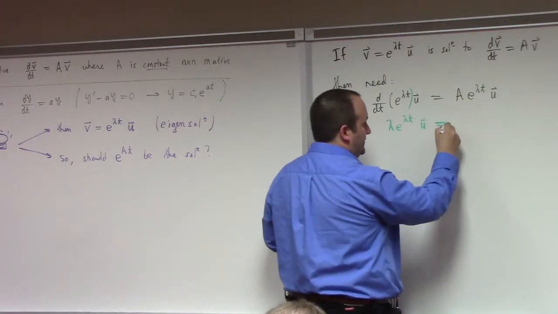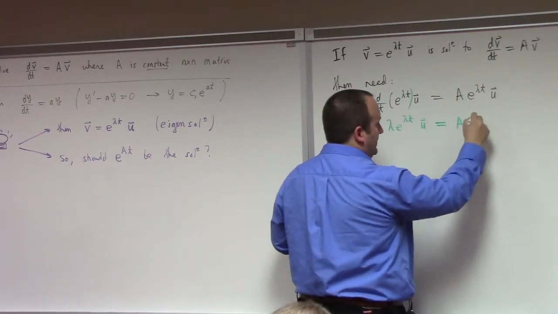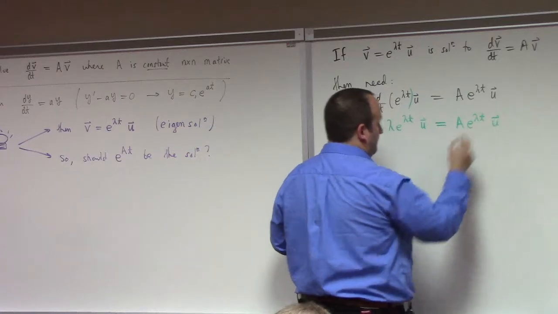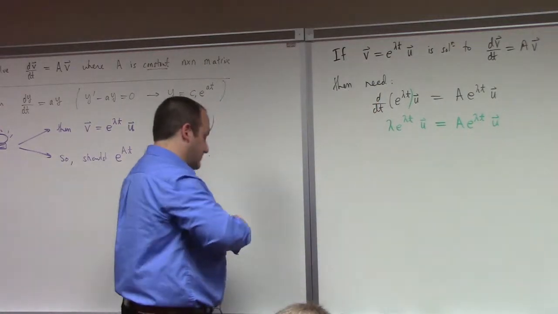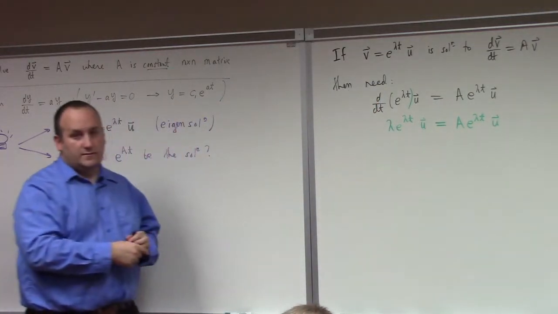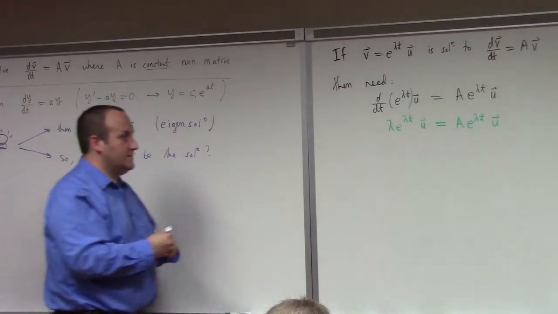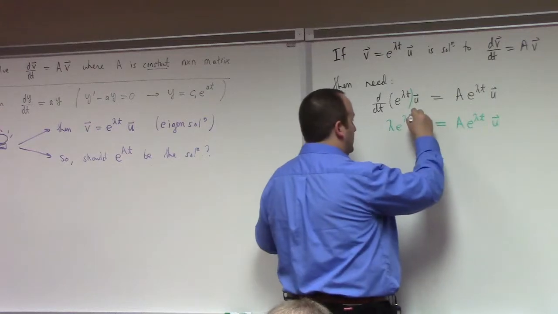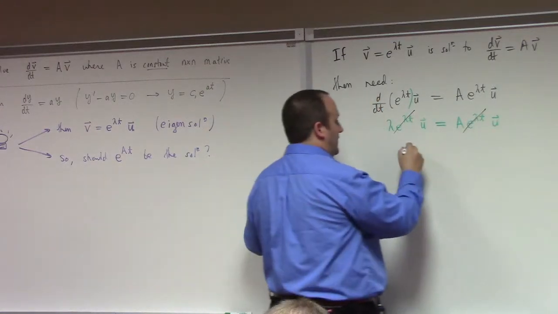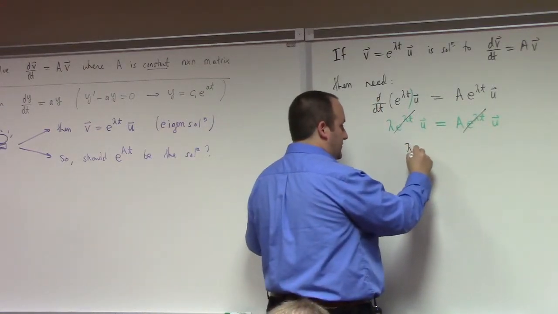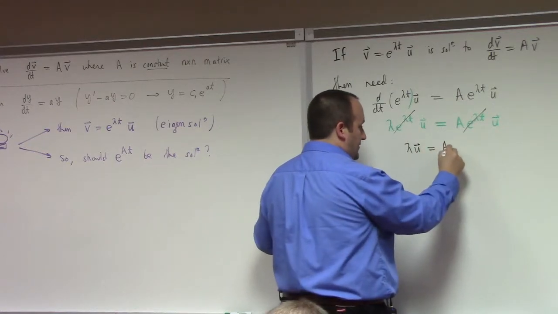On the other side, we still have A e to the lambda t times u. Now, e to the lambda t is on both sides. It's a scalar, so we can pull it out and cancel it. And so what we get is that lambda u is equal to Au.